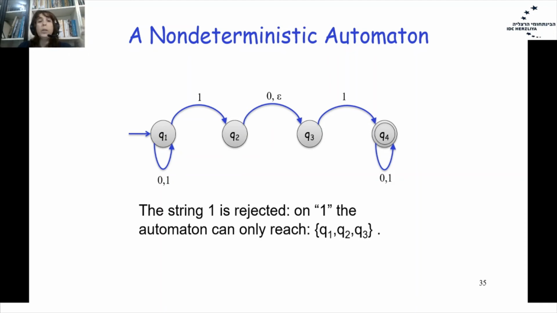We can use an epsilon transition and move from Q2 to Q3. But once again, we finished reading the word in a rejecting state. Since all the paths that we checked end with a rejecting state, we know that the word 1 does not belong to the language of our automaton.